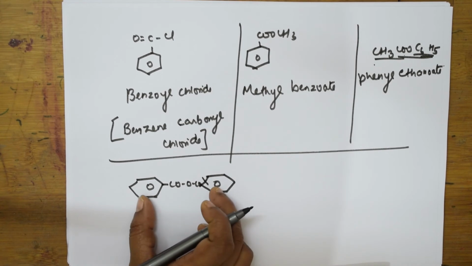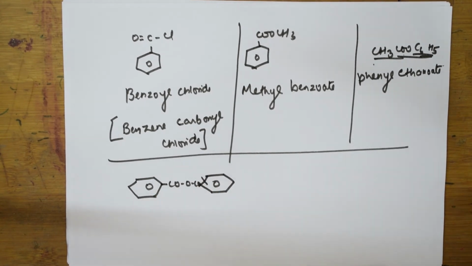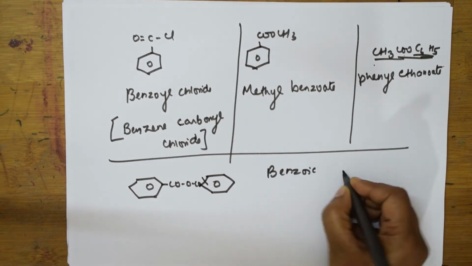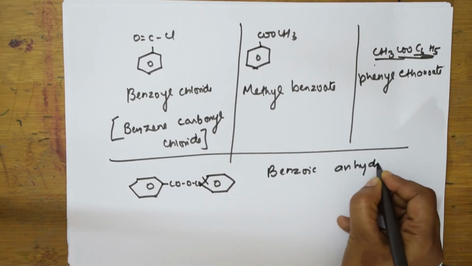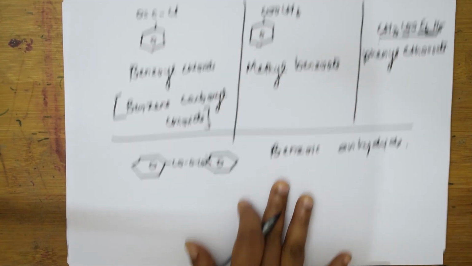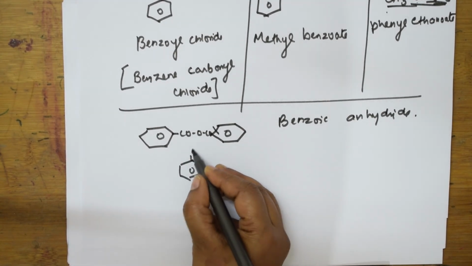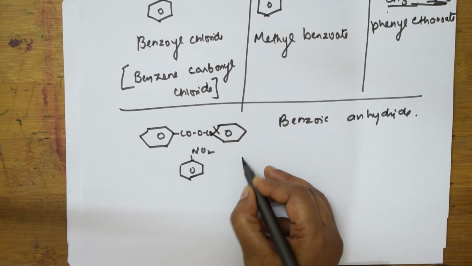This is benzoic anhydride. I showed you, isn't it? We take 2 moles of acid, take out a water molecule and join. So this is called benzoic anhydride. Now, let me take one more group. What is this? This is called nitrobenzene.